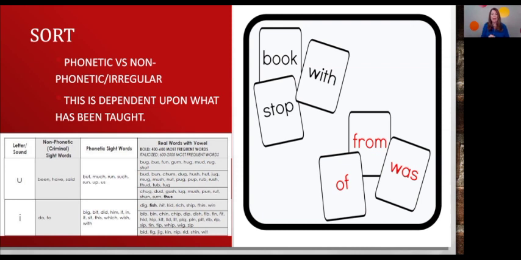So the word have will be phonetic when we learn that words in English aren't allowed to end in V. So if I were teaching this to a kindergartner, they're going to need to have the word have in their writing and in their oral vocabulary before I'm going to teach them that words in English don't end in V. So right now it's criminal, and it's going to go on our criminal word wall, and it'll stay there until we learn the rule that words in English don't end in V, and then it'll be free from timeout.